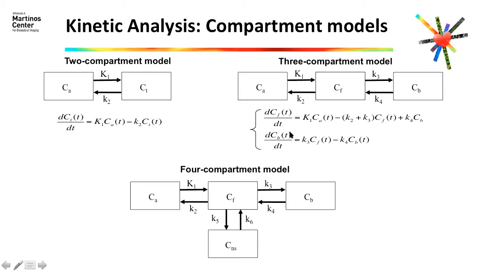Those are all differential equations. They are difficult to fit, and the more you add, probably the more noise you will have, and the more challenging it will be to have a nice fit. So you need to compromise how much of that information you want to acquire, how few parameters you want to fit, because that will help you get better statistics, versus how complex your biology is in reality.